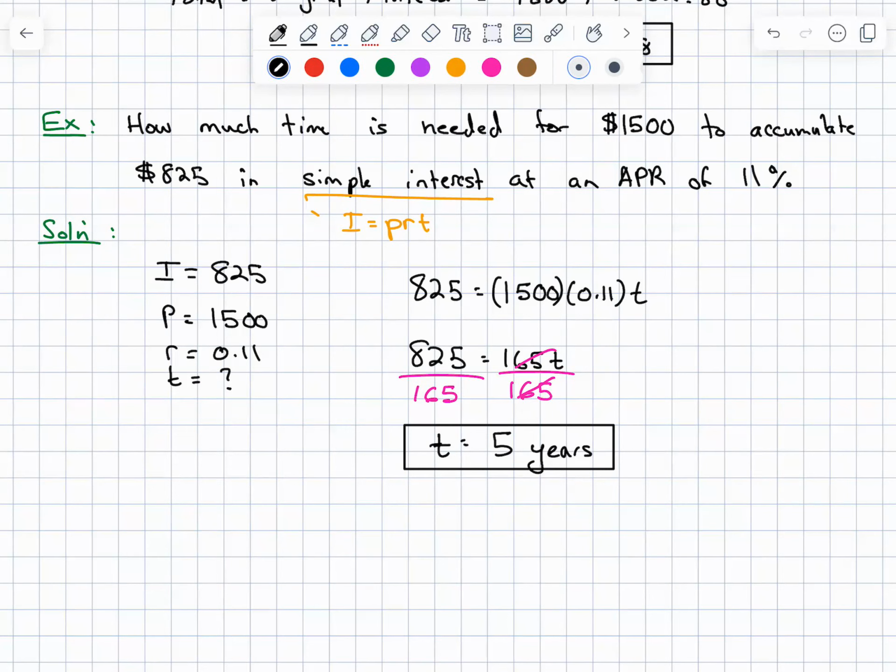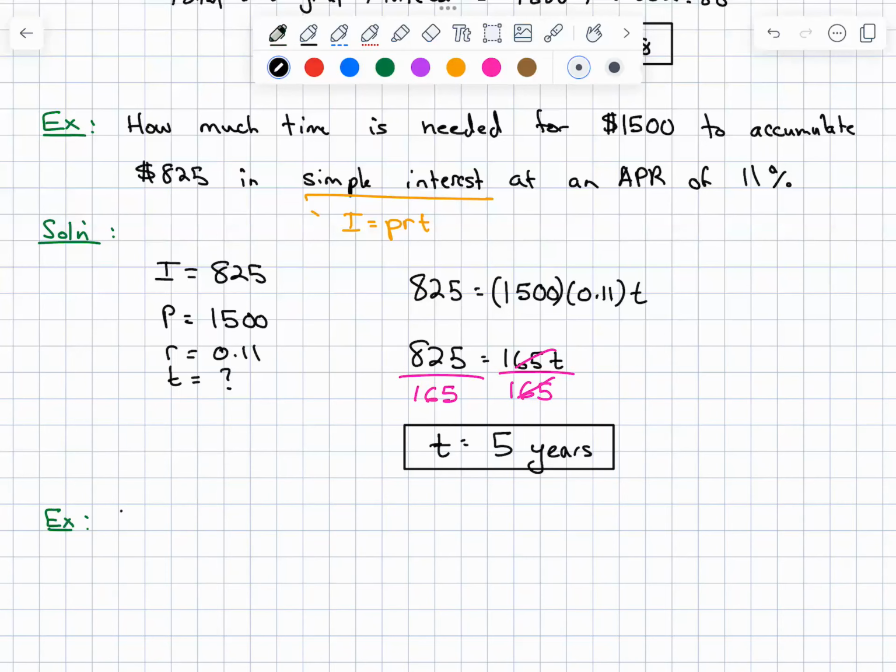All right. Let's see here. This is a slightly different problem, but important to see the difference. So, example.